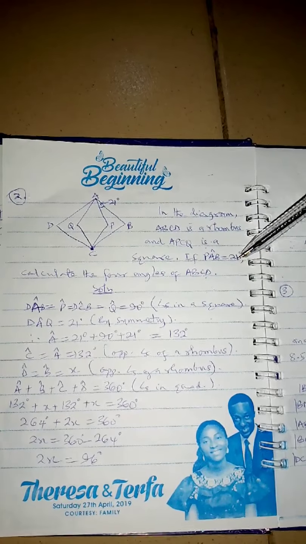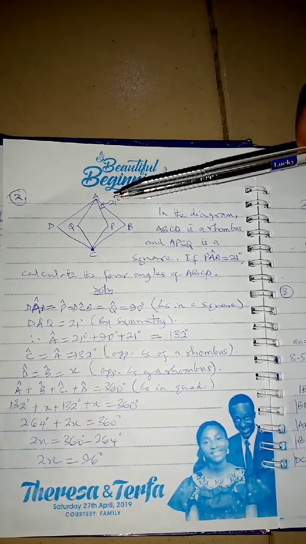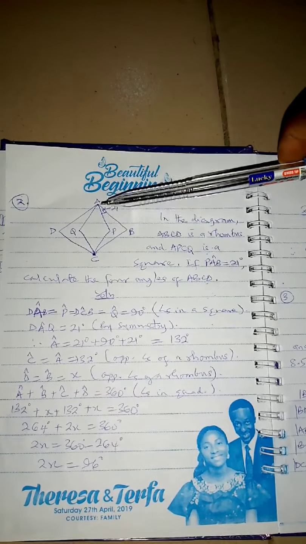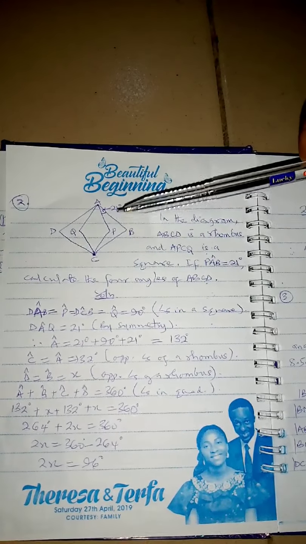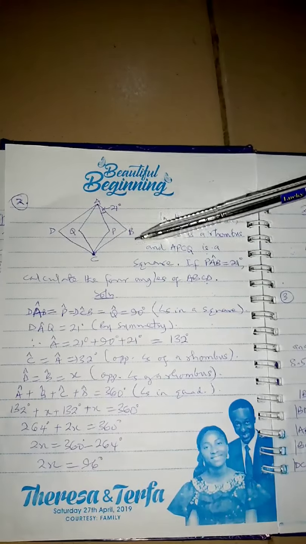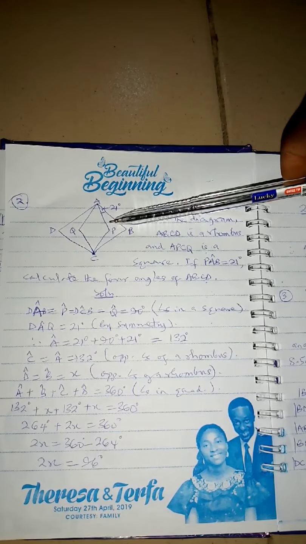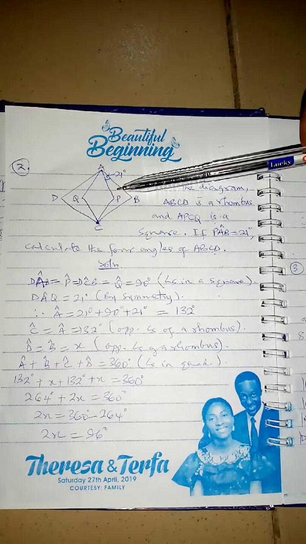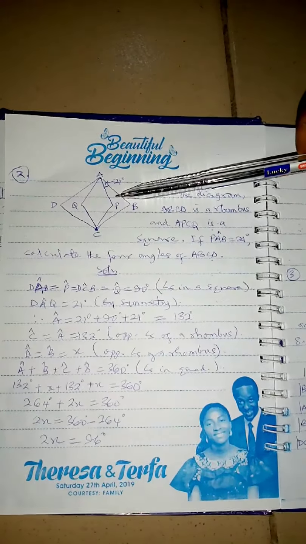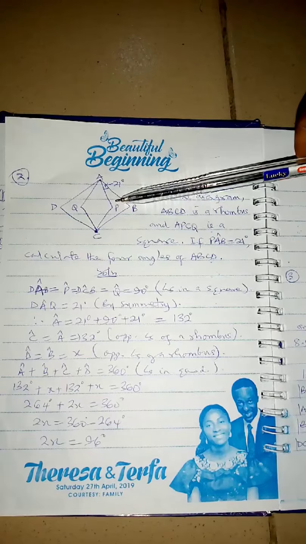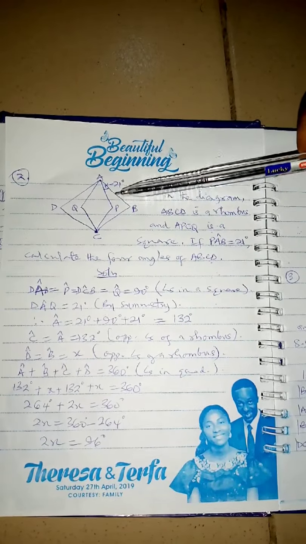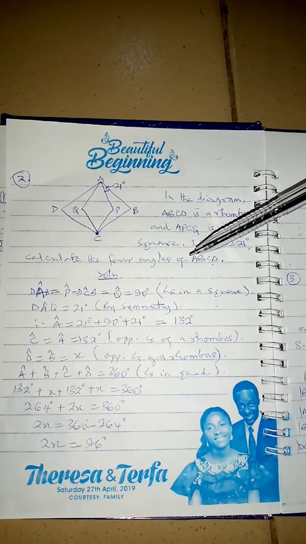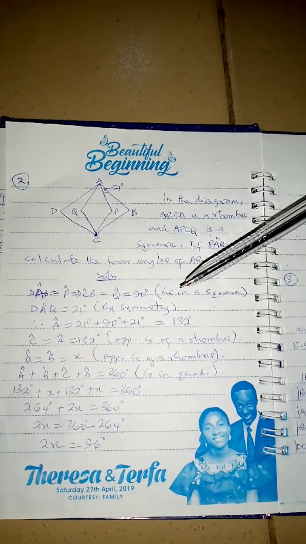Angle PAB, the A in between PA and BA, the angle is 21 degrees. Calculate the 4 angles of ABCD. That is the 4 angles of your rhombus. You have to calculate them.